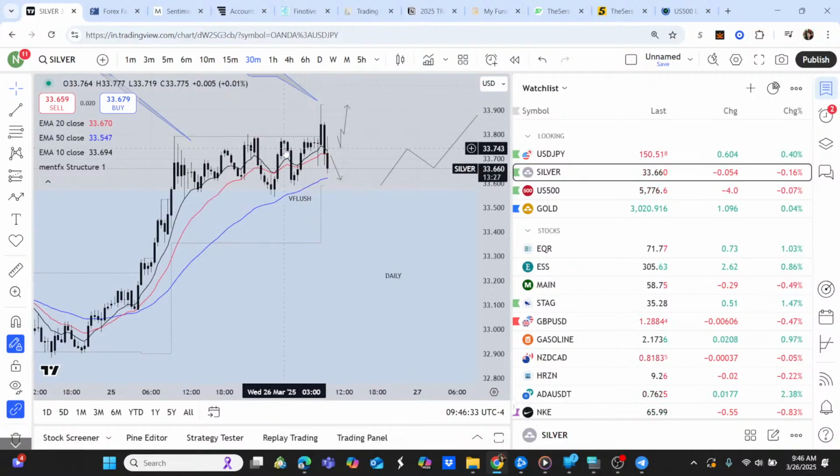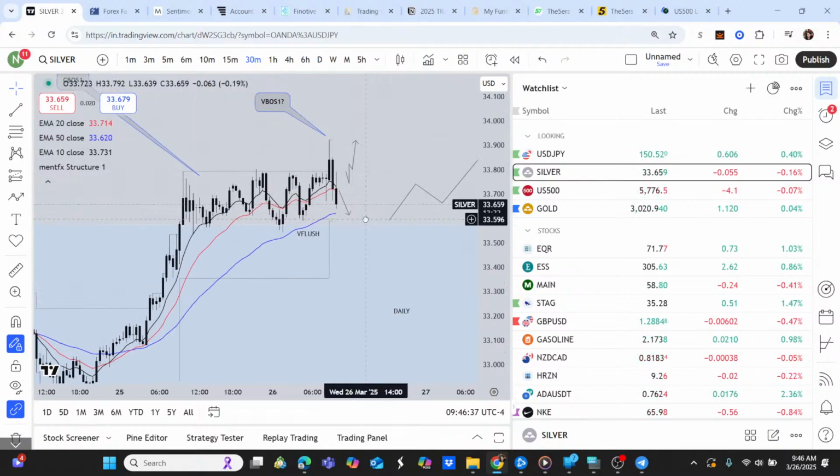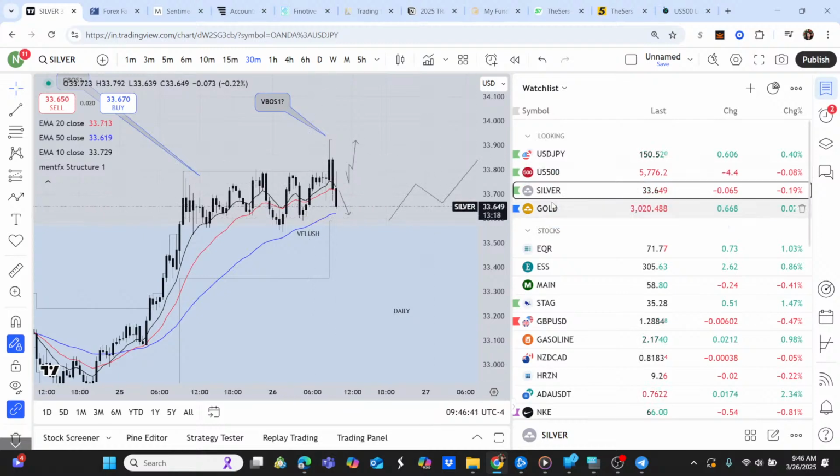Yeah, the reflush down. So USD JPY, not USD JPY, but silver. Move that down here.